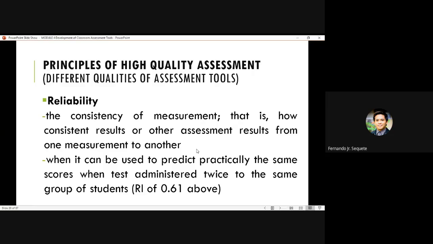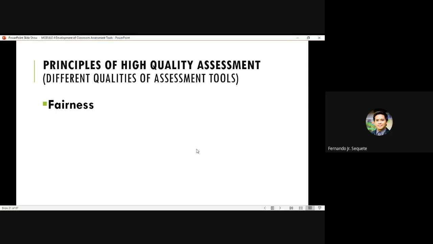And if you are to give this particular exam, given the scenario that students will study the topic, probably our prediction will be they can actually get a lot of scores. And when we say students na hindi naman nag-study of the lesson, meaning to say, you could actually predict that they can get very low scores, somewhat like that. So that is reliability.